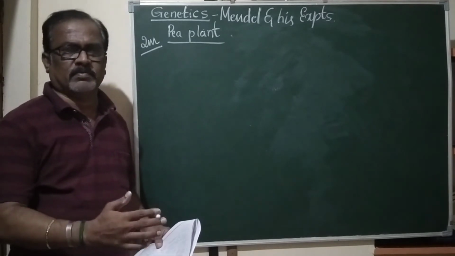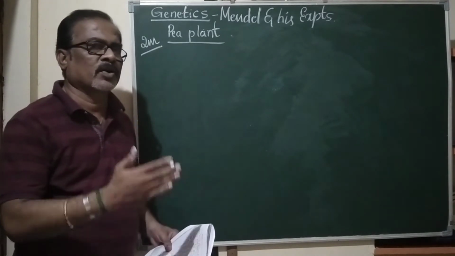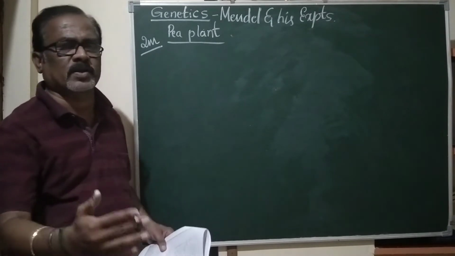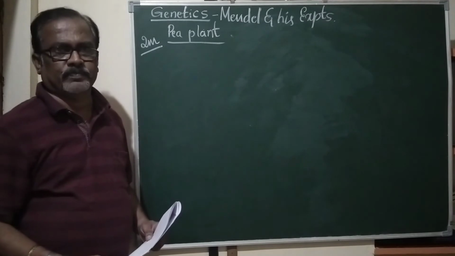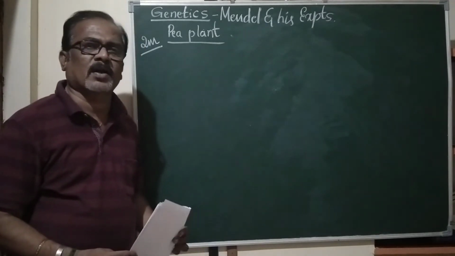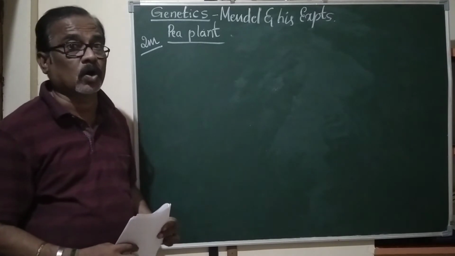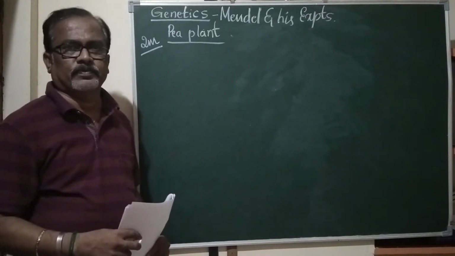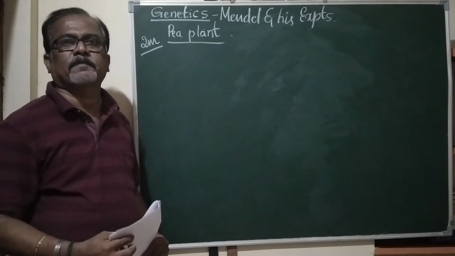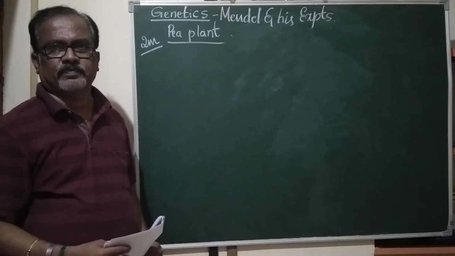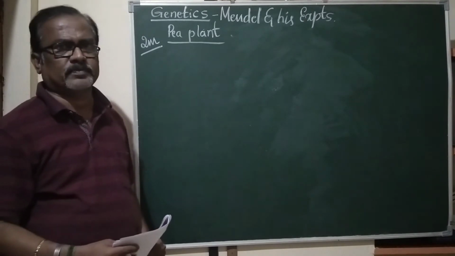Pure lines means having the same character without any change from generation to generation. And those flowers are easy for crossing also. Because of these advantages, Mendel selected garden pea plant for his experimental work.